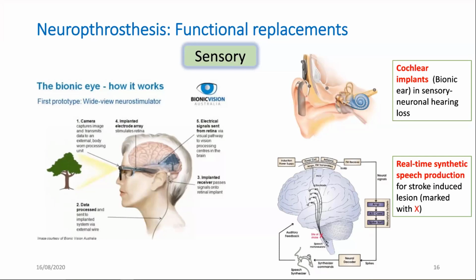If we can record the activity going on in the auditory cortex of that person, transmit it outside and decode what he's trying to say, and then use a voice synthesizer or speech synthesizer to mimic that sound, then we can actually read his mind, right?